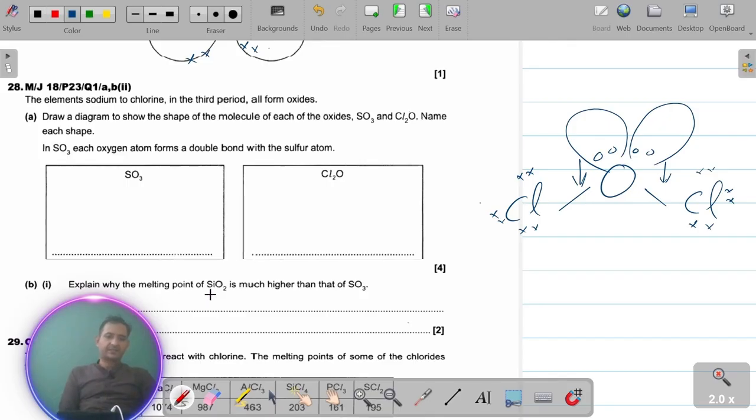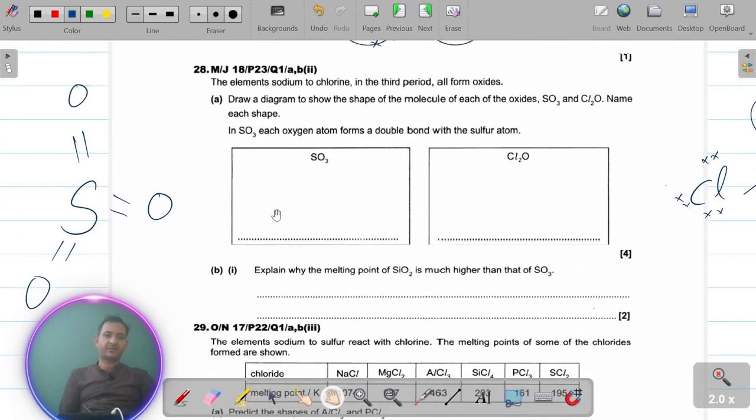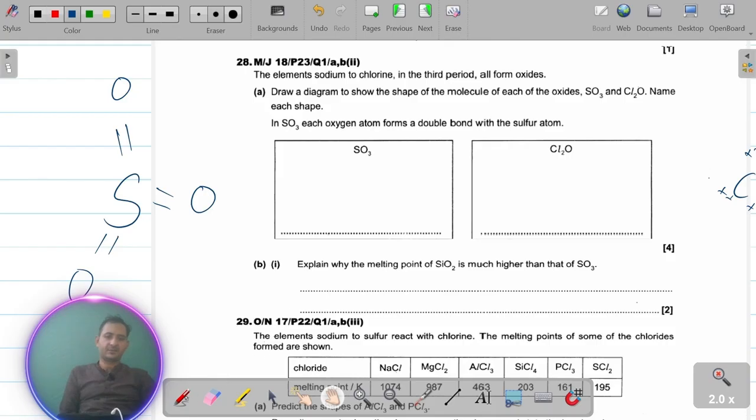Explain why the melting point of SiO2 is much higher than that of SO3. Okay, SiO2, the silicon oxide. So now we need to draw the shape here, and it is the sulfur. This is one oxygen, another oxygen, and the third oxygen.